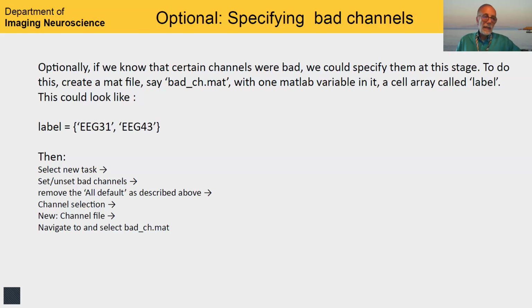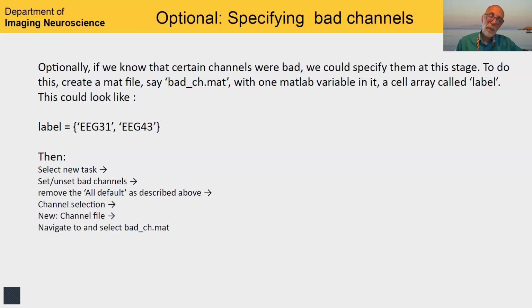While you're doing that, I will tell you about an optional step here, which is specifying bad channels. Now, we're not going to use bad channels in this demo, but if we knew for certain that certain channels were bad, we could specify them.